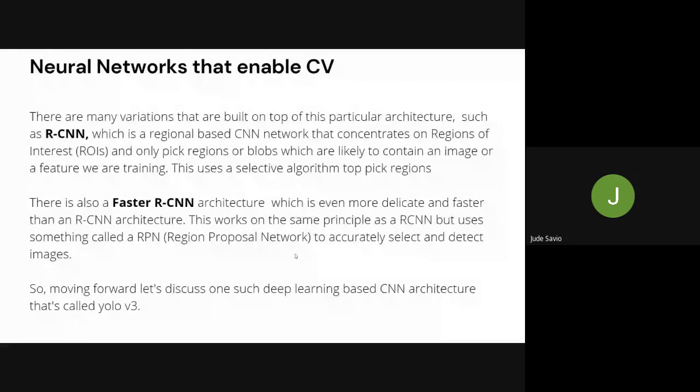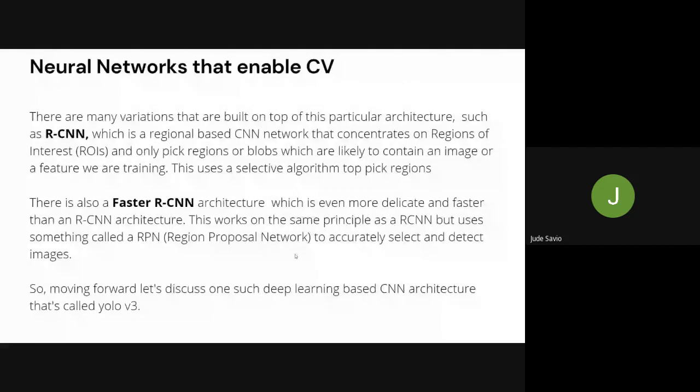The other one being faster RCNN architecture. The faster RCNN architecture is even more delicate and even faster than an RCNN architecture. This works on the same principle as RCNN basically, but it includes another extra layer called an RPN, a region proposal network.